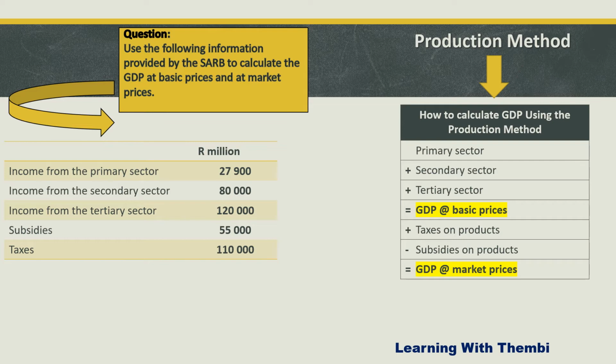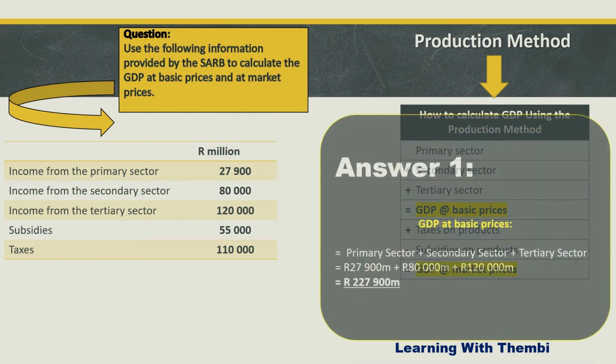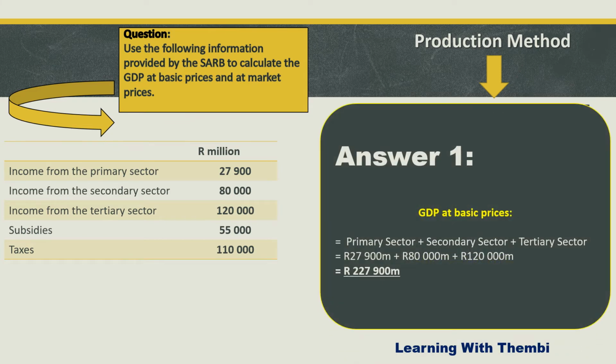So this question is actually asking you two questions in one. One is the GDP at basic prices, and the second one is the GDP at market prices. Now, this is how you're going to answer it. Your first answer will be the GDP at basic prices, because we know that for you to calculate the GDP at basic prices, you have to add the values of all the sectors of production.